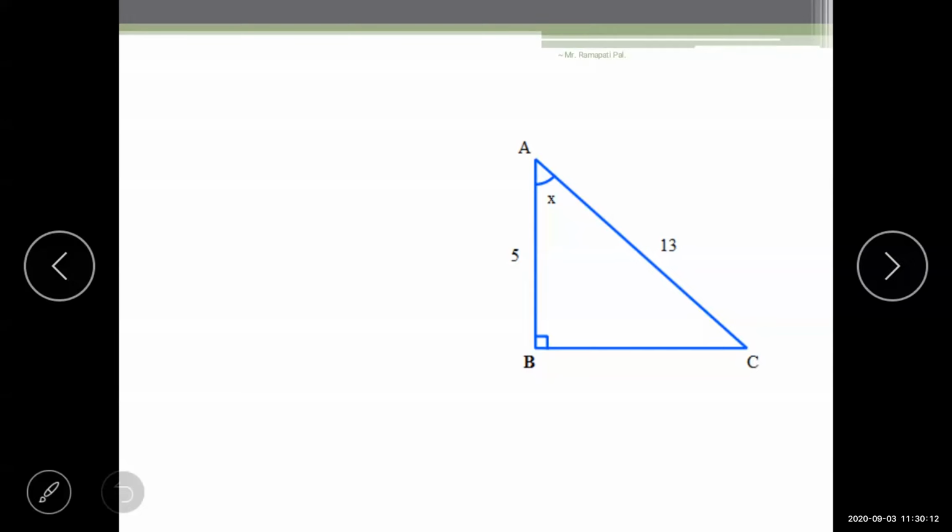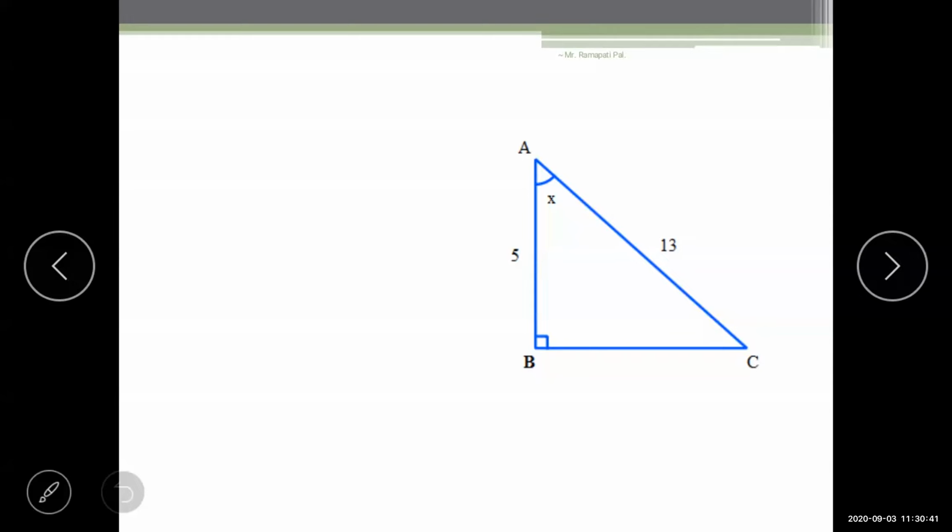Okay, so let's see. As you know, in triangle ABC, angle B is 90 degree, AC is the hypotenuse, correct? We know that AB square plus BC square is equal to AC square. So AC is 13 square minus 5 square.